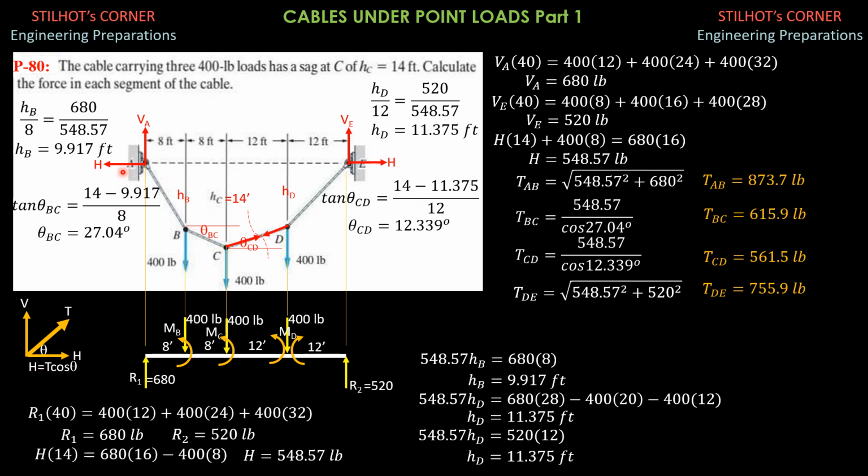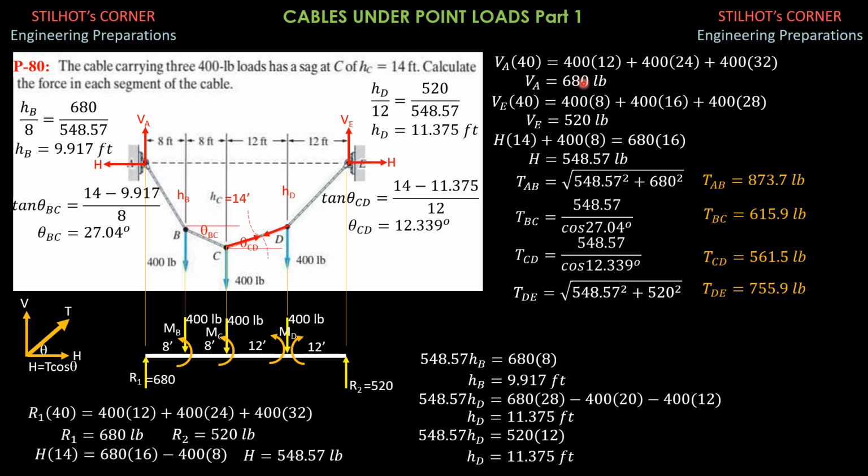So I now present the static approach. Summation of moments about E equals 0, clockwise positive, so we have V sub A times 40 feet is equal to 400 times 12 plus 400 times 24, then plus 400 times 32.